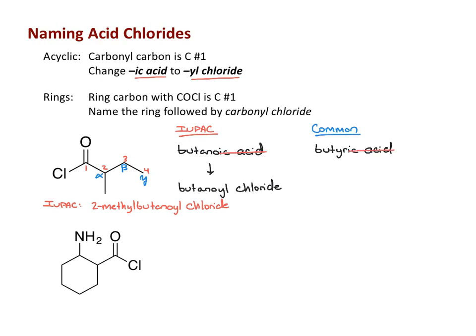Drop the ic acid, change it to yl chloride, so this would be butyryl chloride. Now to put this name together, we have the methyl group, but for the common name, it's at the alpha carbon. So we would say alpha-methylbutyryl chloride.